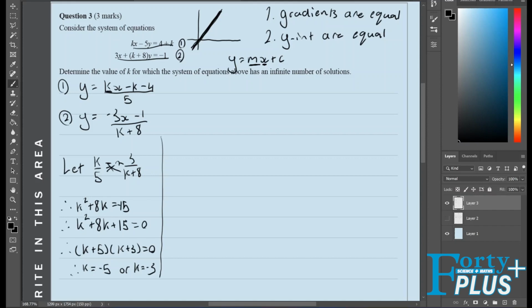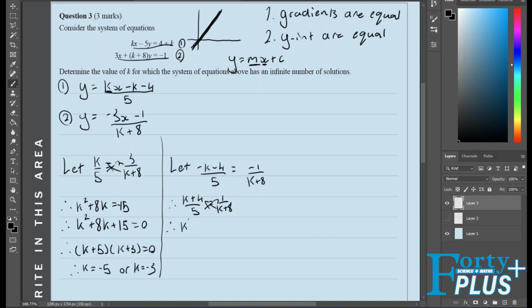Our next step is to solve for the y-intercept. So we're going to say let minus (k minus 4) over 5 equal minus 1 over (k plus 8). First step here is to just make things more simple. So we're going to multiply both sides of the equation by -1 to remove those nasty negatives. So therefore, (k plus 4) over 5 equals 1 over (k plus 8). Similarly again, cross multiply.